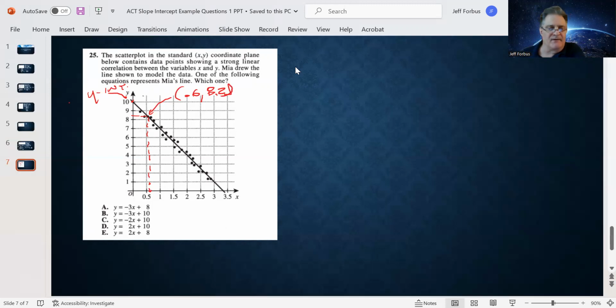And then we're going to find another point as close as we can on that line. There's one right down here at the bottom. 3 and 1. Okay.